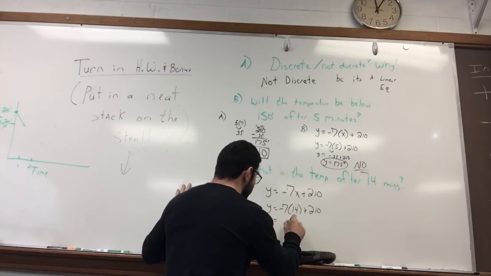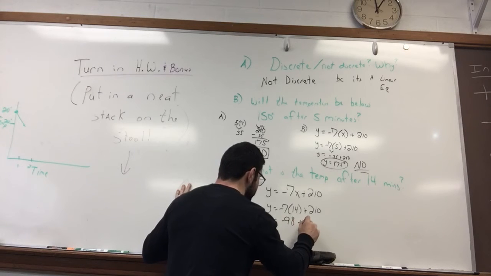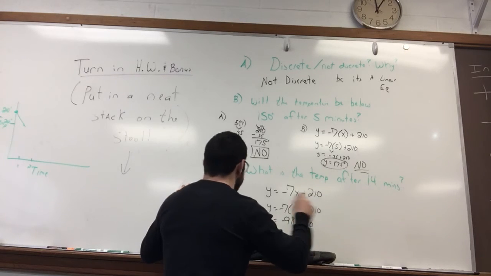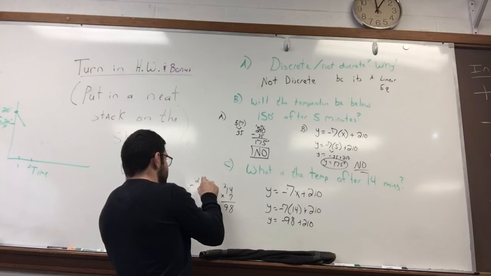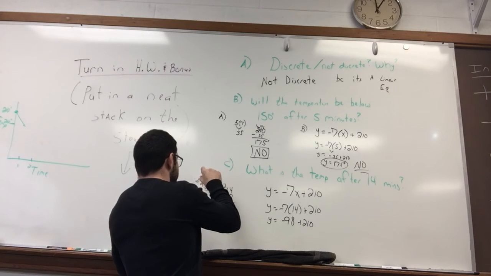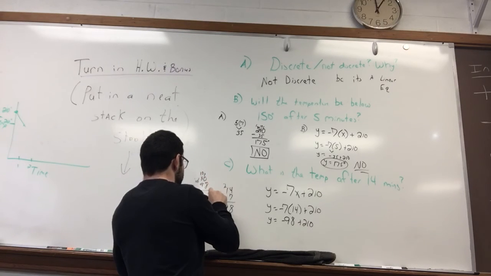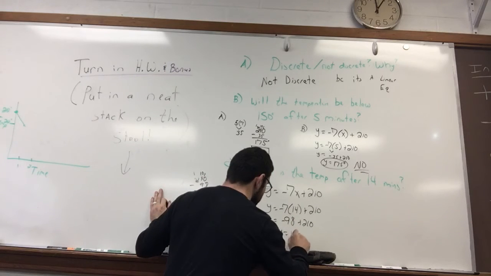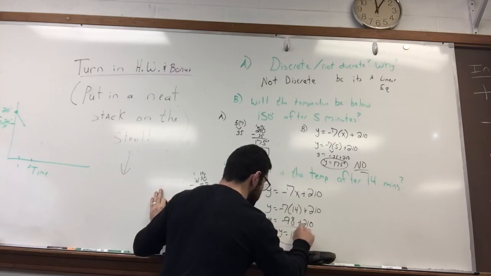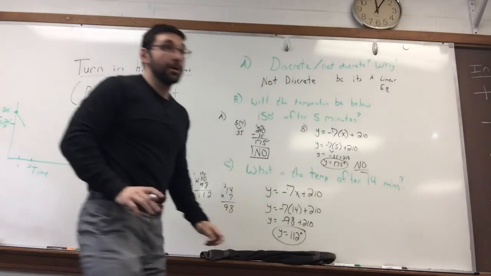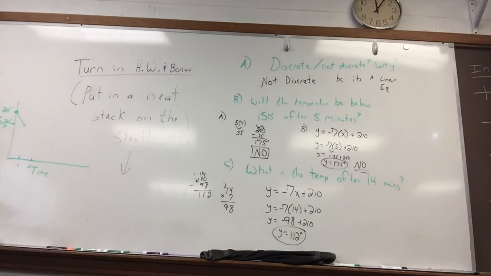So while I have y equals negative 98 plus 210, now I'm going to subtract 210 minus 98. It does give me 112 degrees. Very good. Questions on how I use what's given to me?